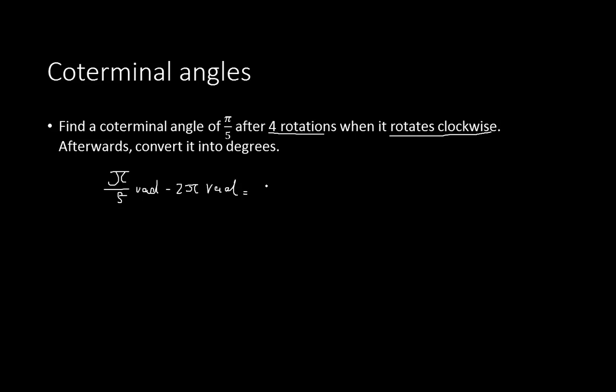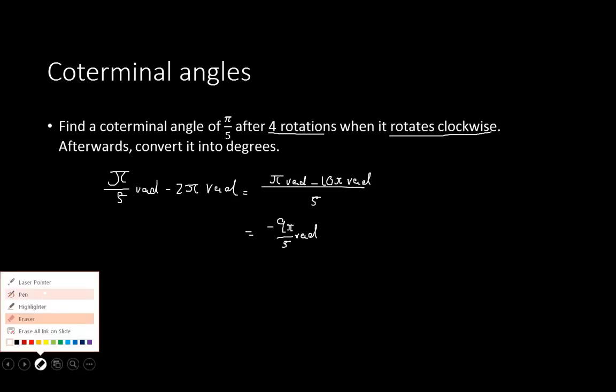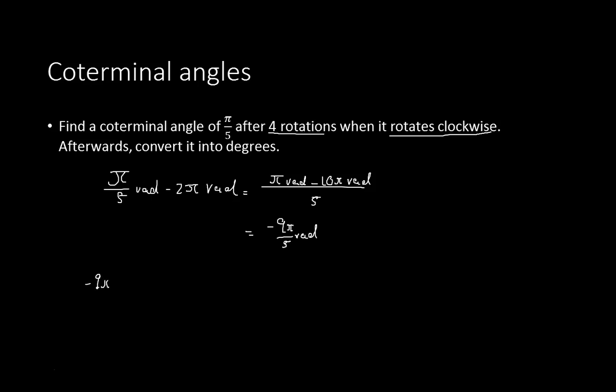Pi all over 5 minus 2 pi. This is basically pi radian minus 10 pi radian all over 5. We will have negative 9 pi all over 5 radians. So that's for the first rotation. Now for the second rotation, negative 9 pi all over 5 radians minus 2 pi radians.